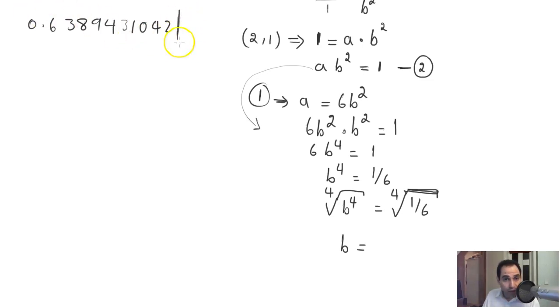And so now what I'm going to do, of course, I do understand that the number on my calculator screen is not the actual answer to the fourth root of 1 divided by 6. The fourth root of 1 divided by 6 can be approximated for as many digits after the decimal place as you want.